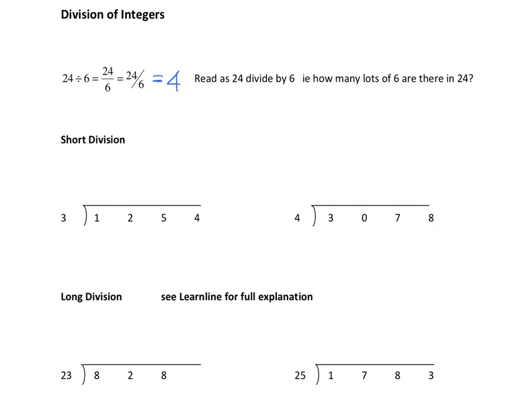So now we're going to look at short division. Short division is when we divide a larger number by a small number with just one digit. So we're going to practice a couple of them here. Remember that your numbers are lined up in vertical order, so you've got place values of thousands, hundreds, tens and units, though we don't always put them into the problem.